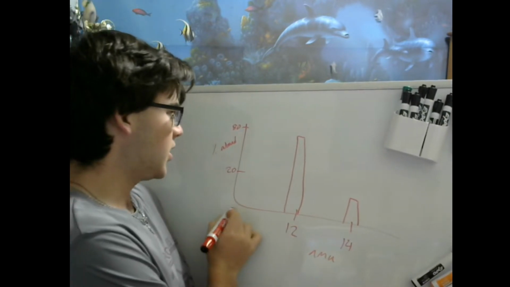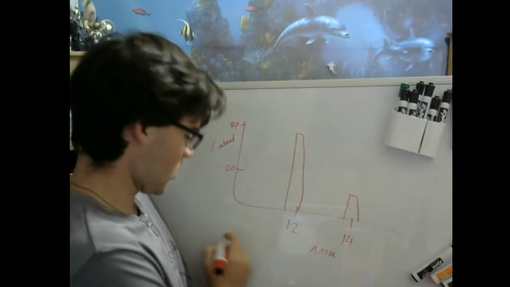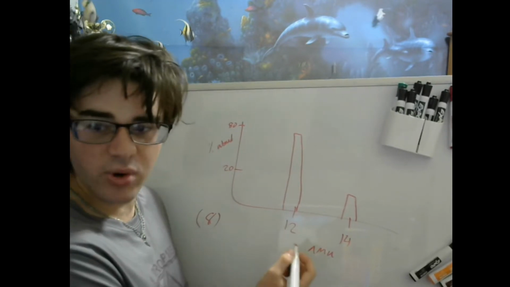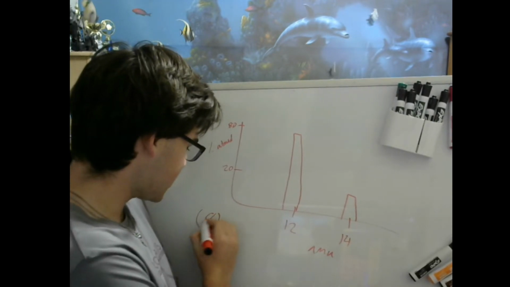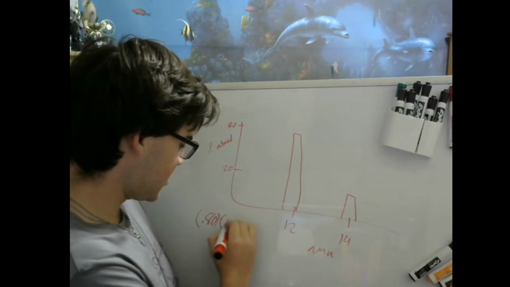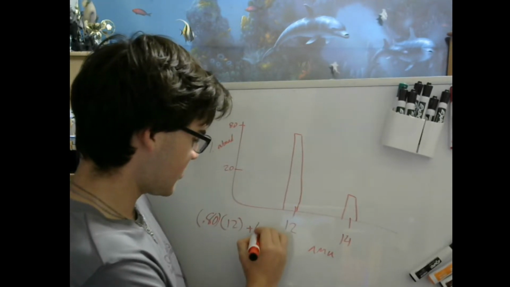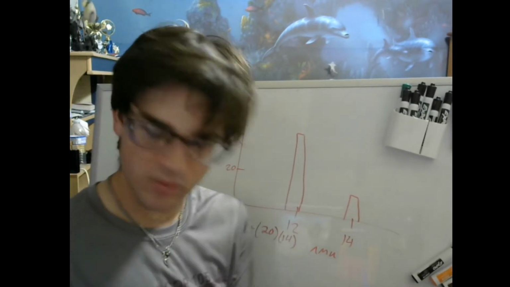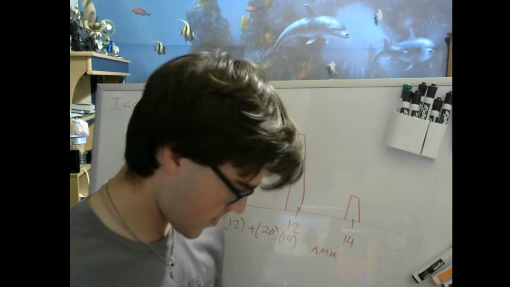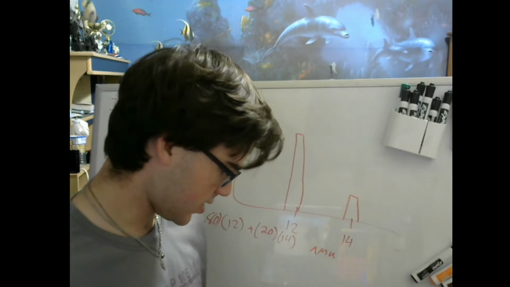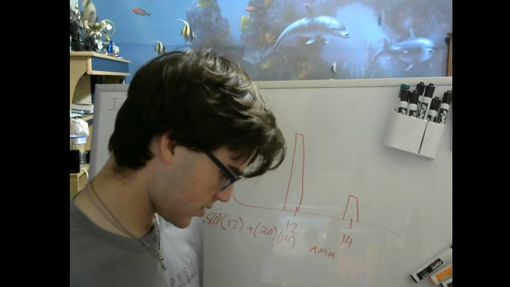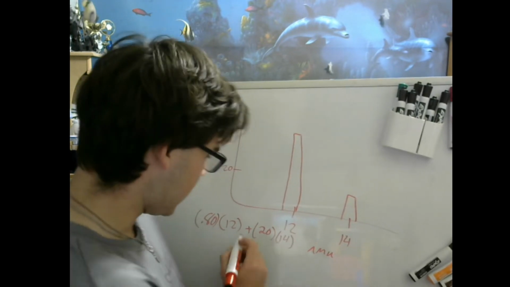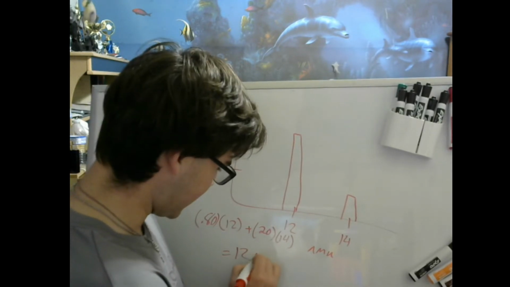What we would go from here is 80%, which is notated as 0.8 when we're doing math, say 0.80 times 12 plus 0.20 times 14. And then we bring out our handy-dandy calculator and do 0.8 times 12 plus 0.2 times 14. And this equals 12.4.